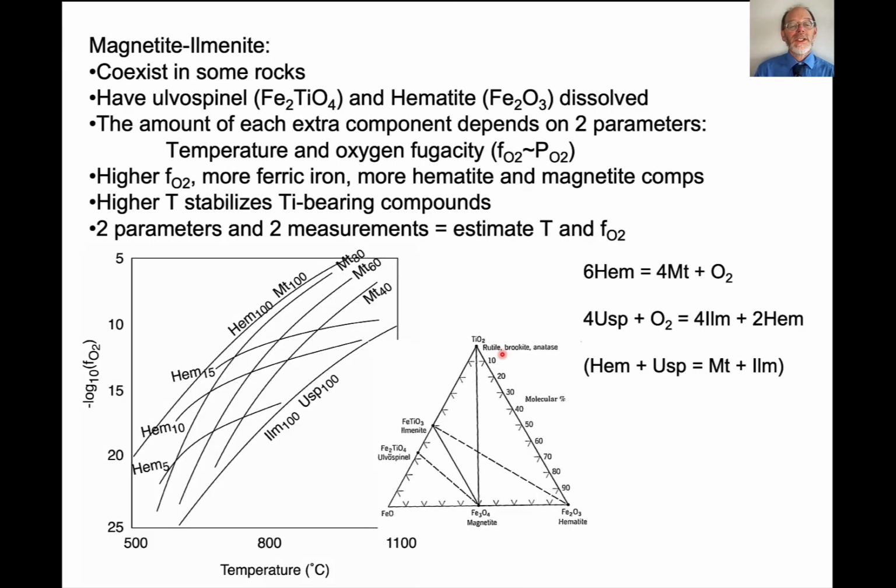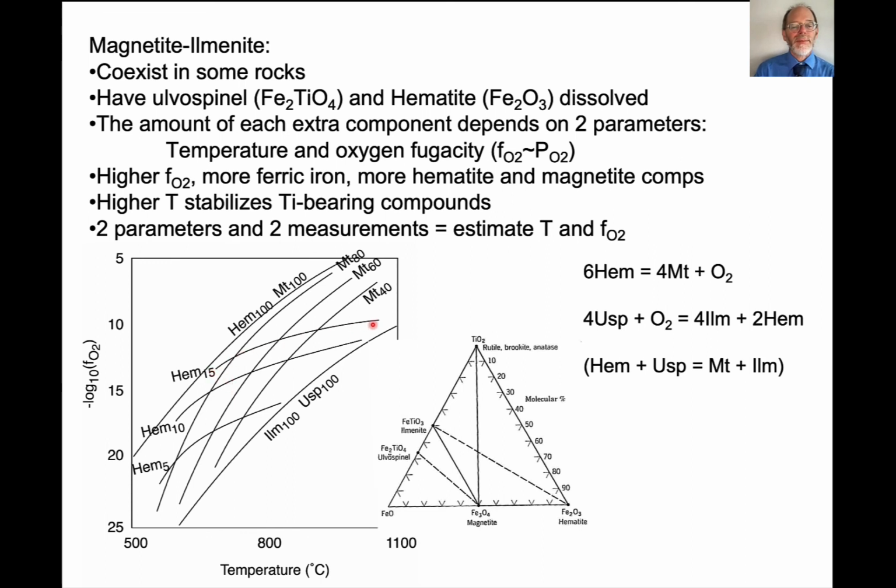One of the really interesting things that we can do with coexisting oxides is when we have magnetite and ilmenite together in the same rock. It turns out that we can estimate both the temperature and the oxygen fugacity based on the degree to which titanium is dissolved in magnetite and ferric iron hematite is dissolved in ilmenite. So here's the way this works.